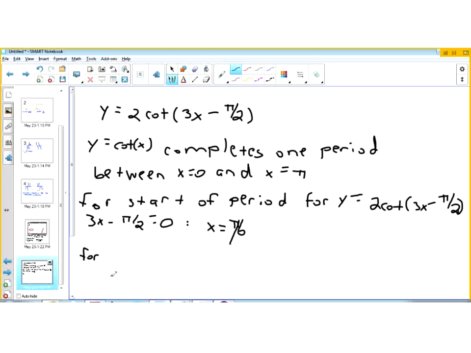And then for the end, we set 3x minus pi halves equal to pi and solve for x, and so we have x equals pi halves.